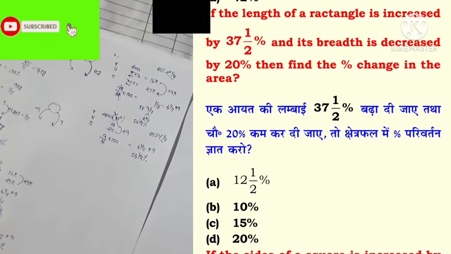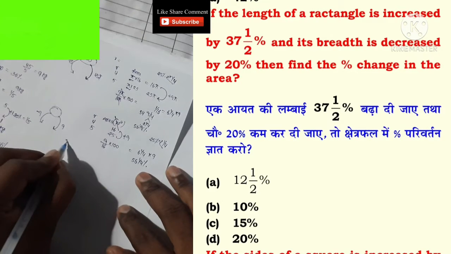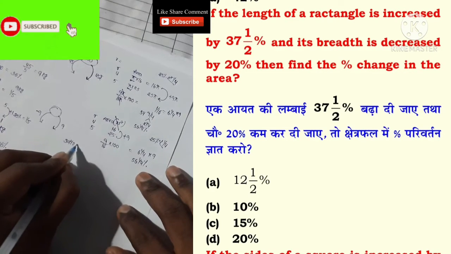The length of a rectangle is increased by 37.5% and its breadth is decreased by 20%. Then find the percentage change in the area. Length of rectangle is increased by 37.5%.